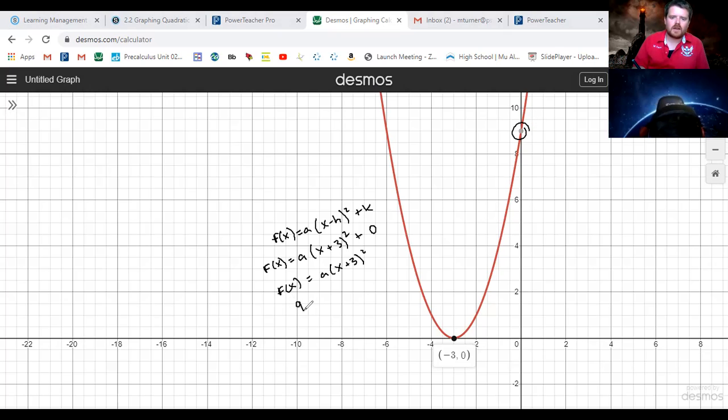I would plug in 9 for f of x, and I would plug in 0 for x. 0 plus 3 squared is 9, and 9 divided by 9 is 1. So we're again verifying that that a value is 1. Putting it all together, my equation in vertex form is f of x equals x plus 3 quantity squared. No need to write the 1, no need to write the plus 0.